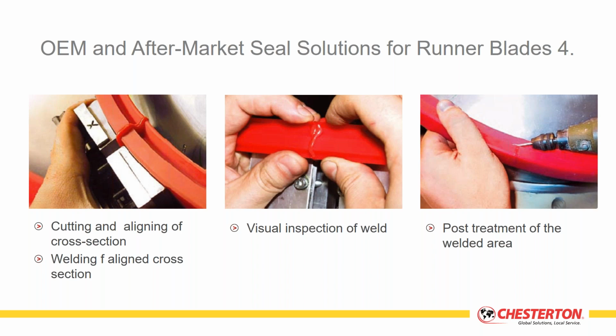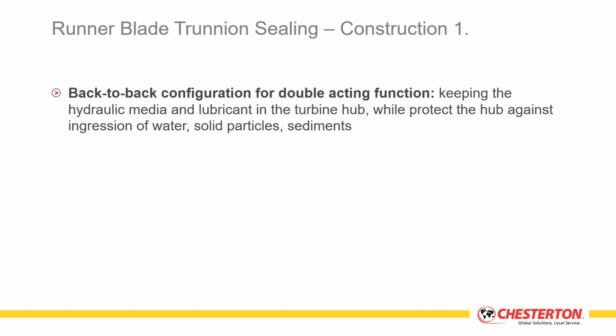What you can see in the pictures here is that the seal itself is split, but directly before the installation in the seal cavity, the seal has to be welded, and on site especially, this is a difficult process, and that is a post-treatment that has to be done. So this process is relatively difficult, and there is a high risk of failure during the welding process itself.